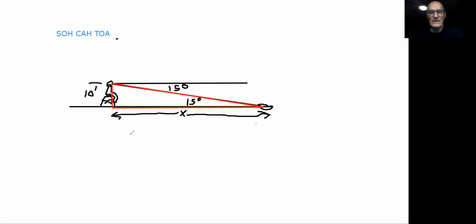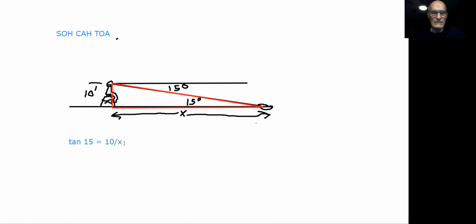So the tangent of 15 degrees equals the opposite side, which is 10, divided by x. That's the equation I have to solve.